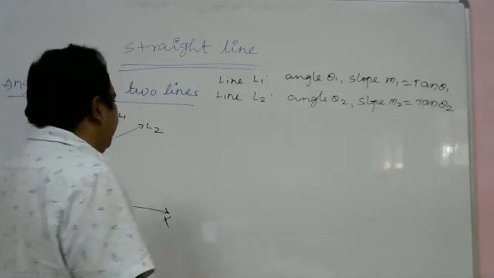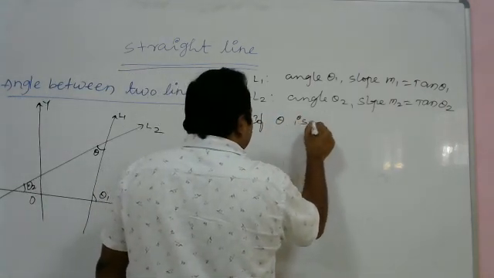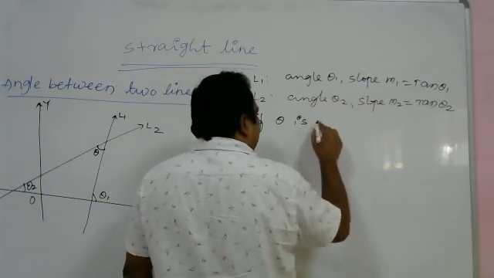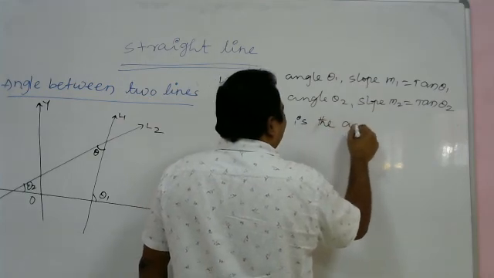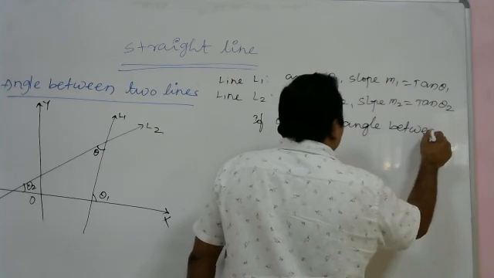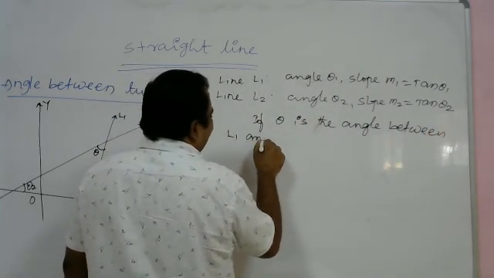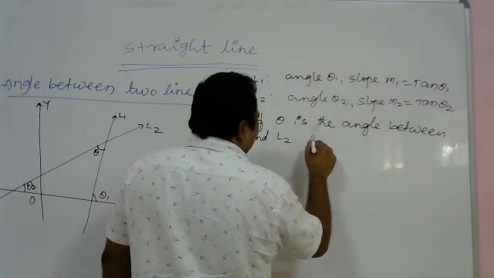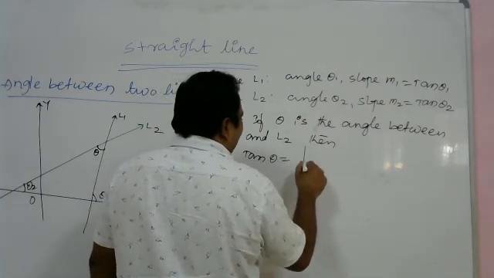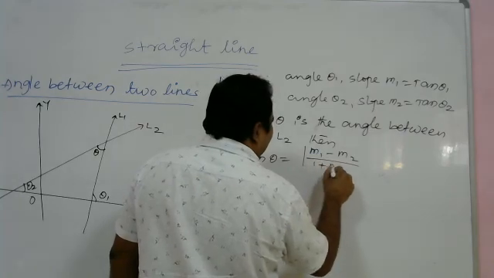So now, if theta is the angle between L1 and L2, then tan theta equals modulus of (m1 minus m2) by (1 plus m1 m2).